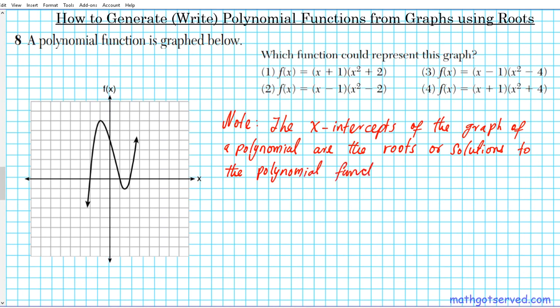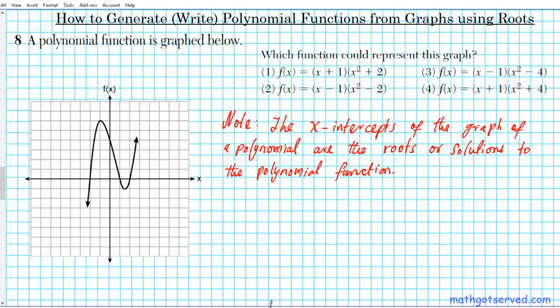Okay. Alright, so what does this mean? Well, that means that we just have to follow the following steps. We'll extract what the x-intercepts, roots or solutions are from this graph. We're going to set them equal to 0, multiply the resulting expressions by each other, and then we'll get what the polynomial function is. Okay?